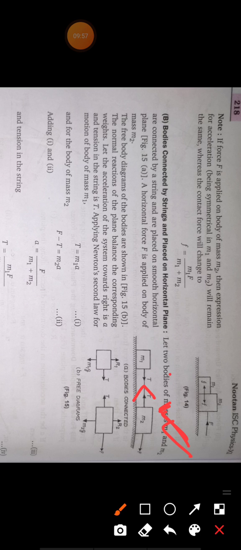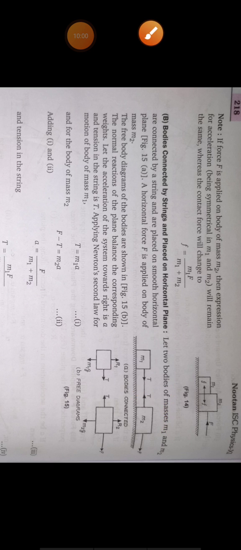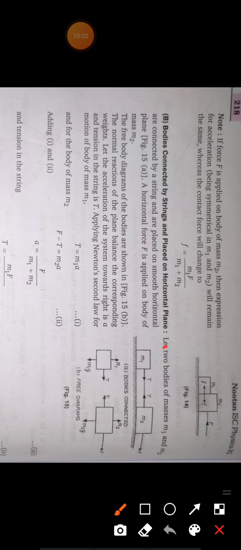So the tension force is in the negative x-axis direction. But M1 will feel that M2 is trying to pull it in the positive x direction. So for M1 the tension force is along the positive x direction, but for M2 the tension force is along the negative x direction.